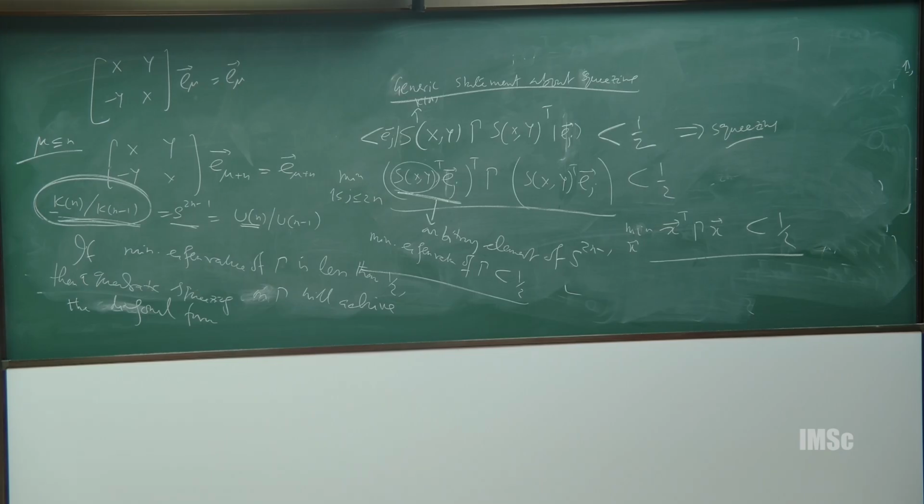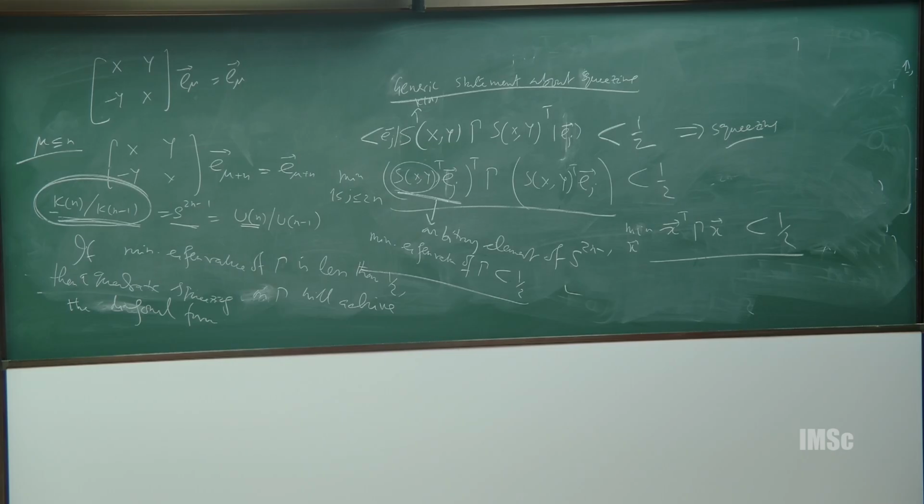Okay, good. If it's not squeezing, then it's some other kind of unitary rotation. Because we are dealing with only quadratic Hamiltonians, we have two things here. Either it is a rotation which follows from this compact subgroup, or it is these non-compact generators. We do not have anything else.